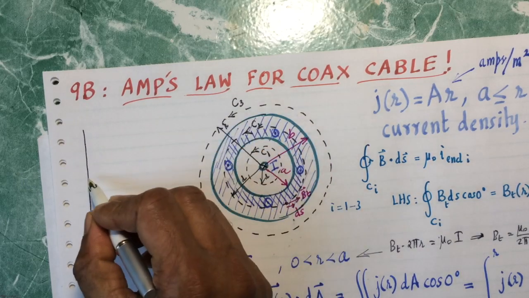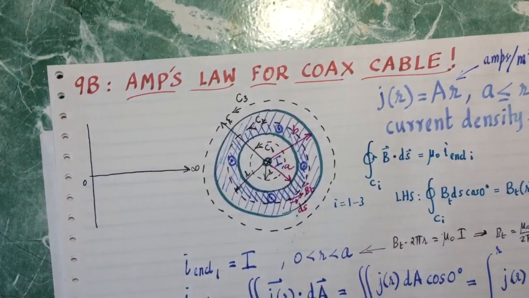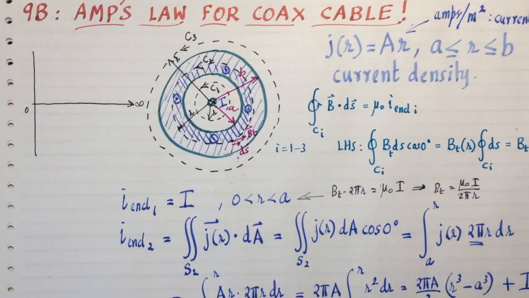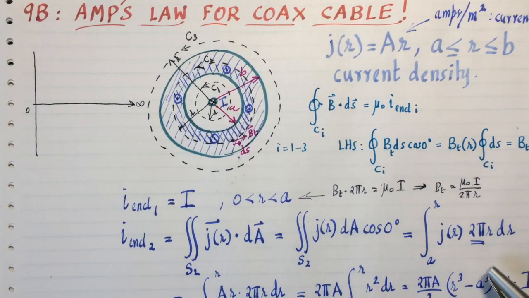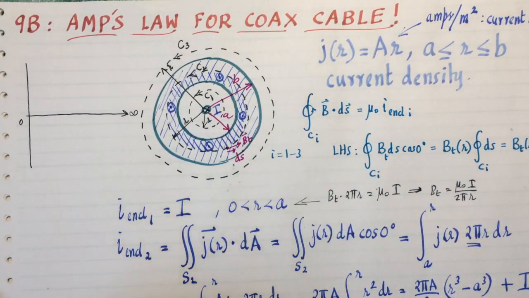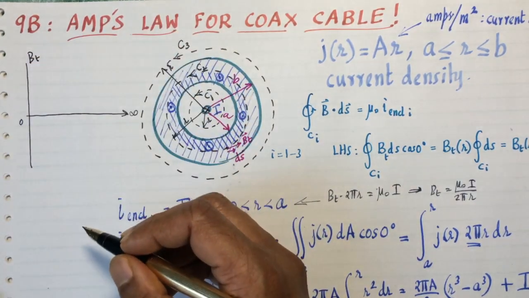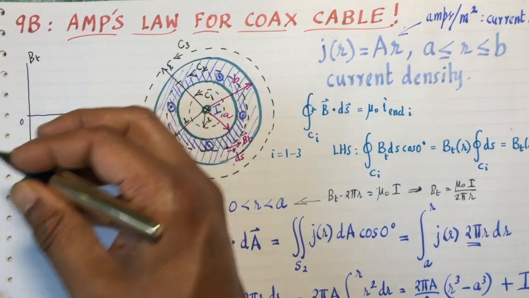I'll only look at values from 0 to infinity because our coordinate cannot be negative. Now the magnetic field less than A is going to be highly negative because the current is into the page. So I will plot the tangential magnetic field's magnitude and direction here.